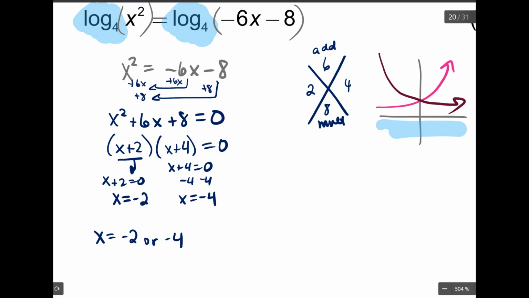We did not have any y values below the x-axis unless we had a transformation of a function, right? If we shift everything down. But when we have exponentials, there's literally a line where there's no y values underneath. So what this means is you can't take the log of a negative number.